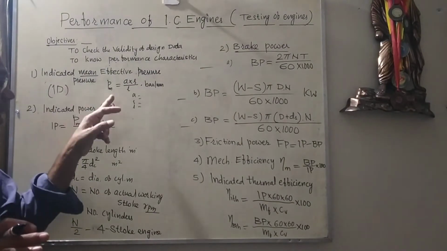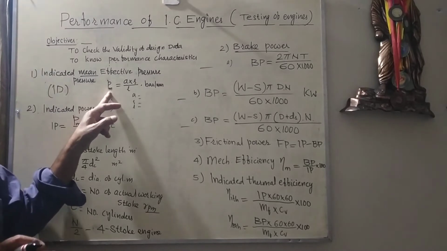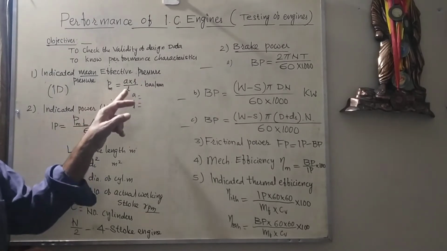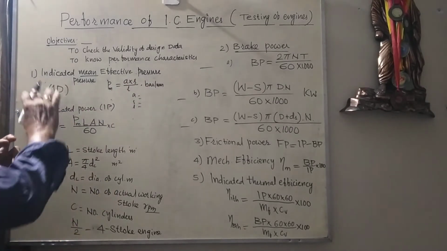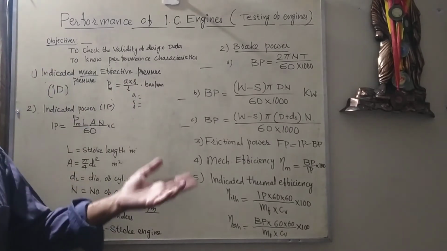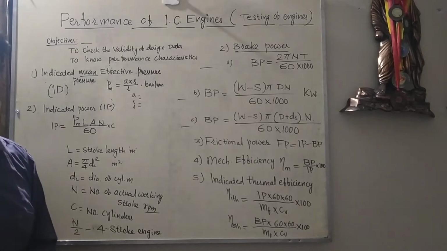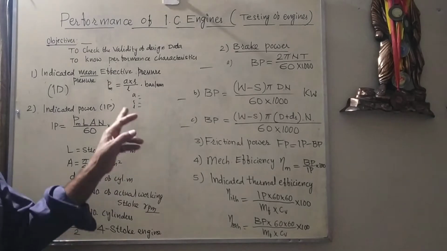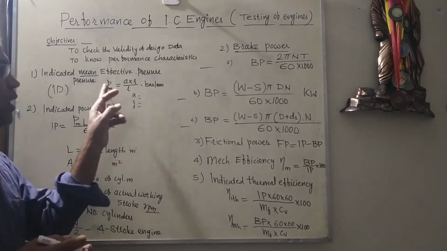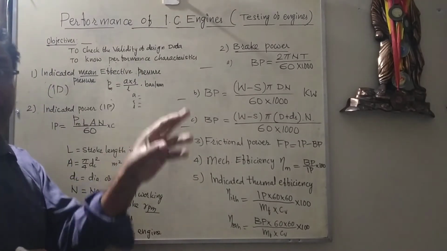To calculate this, the notation is Pm equals a into S divided by L. What are a, S and L? These are the parameters of the indicator diagram.